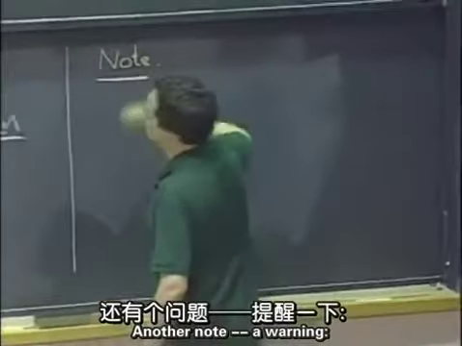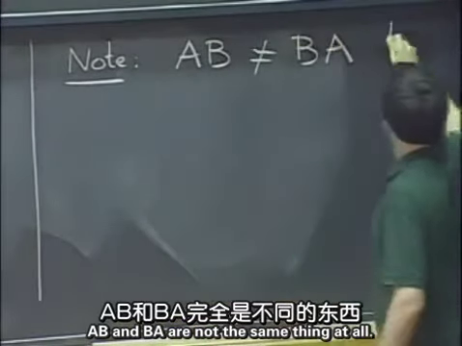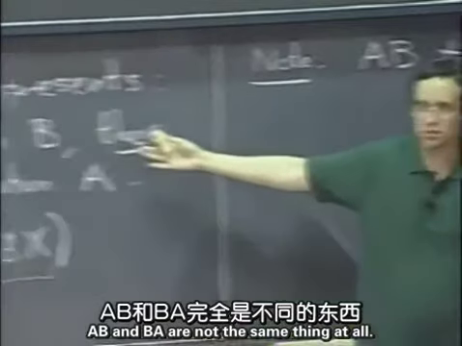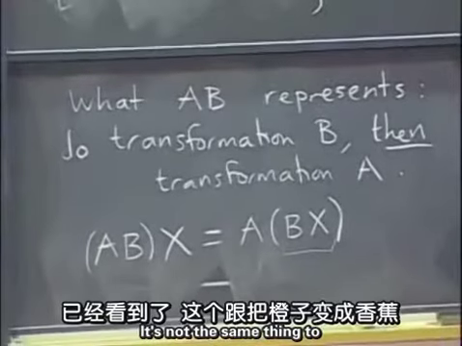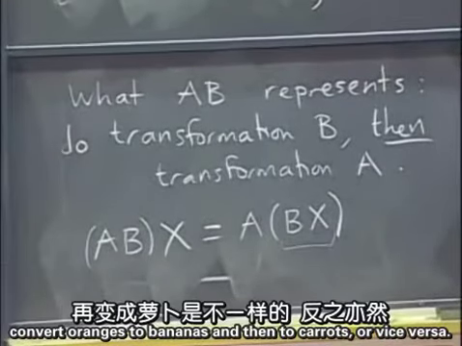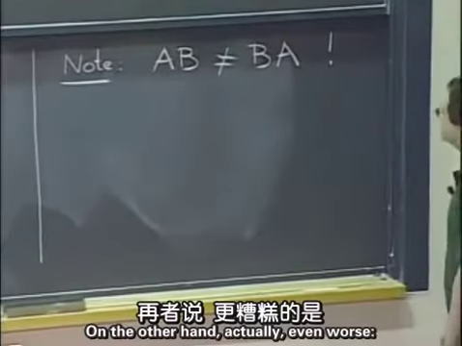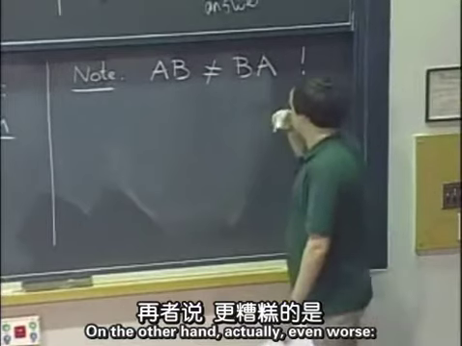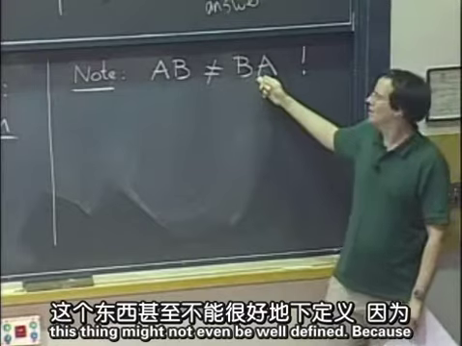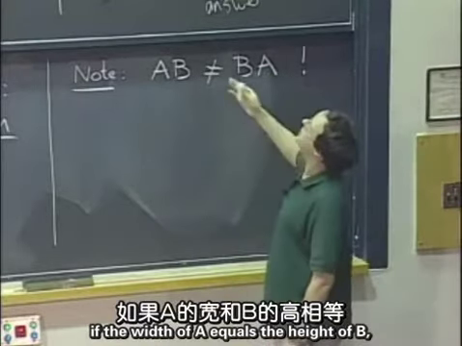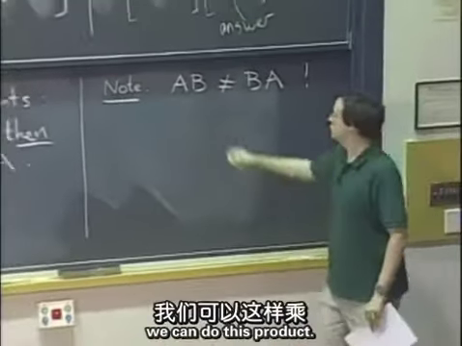Okay. So, another note of warning is that AB and BA are not the same thing at all. Well, you probably see that already from this interpretation. It's not the same thing to convert oranges to bananas than to carrots or vice versa. On the other hand, actually even worse, this thing might not even be well defined, because if the width of A equals the height of B, we can do this product.